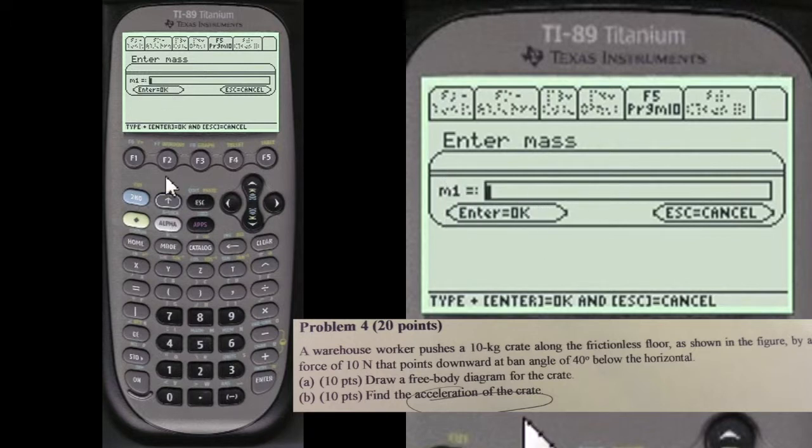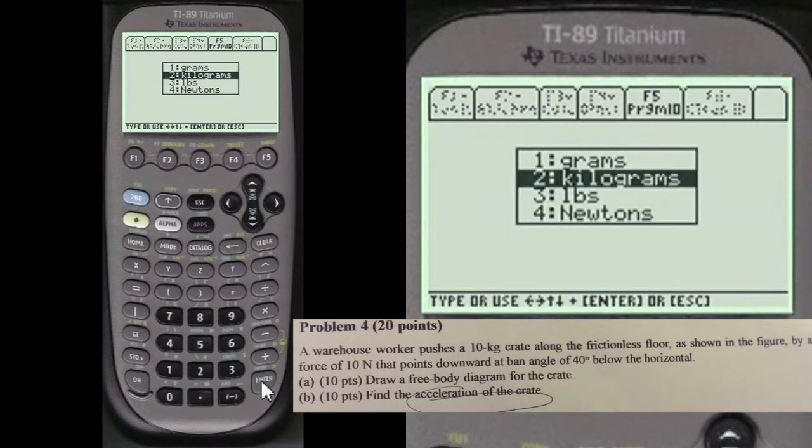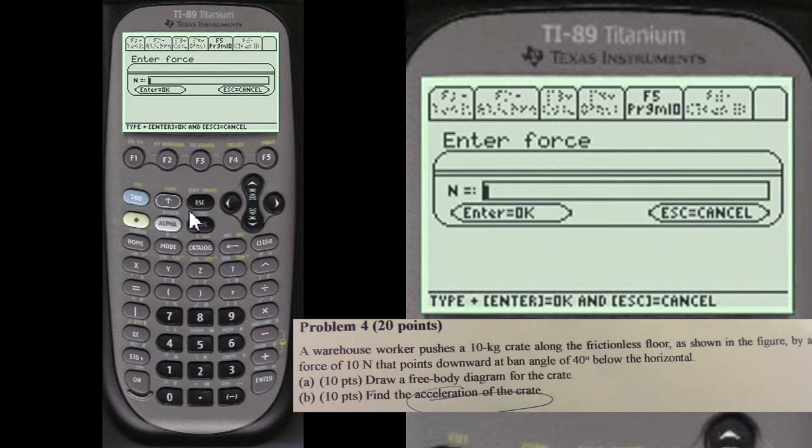Alpha, mass is given at 10 kilograms. The force is given at alpha 10 newtons. Angle is given at alpha 40 degrees.